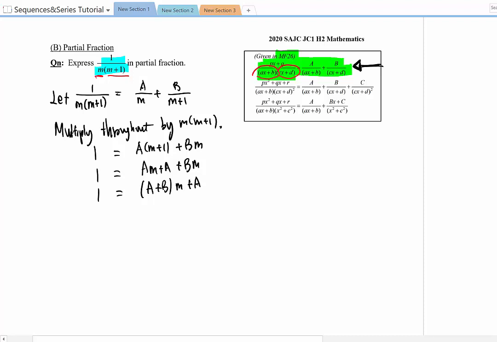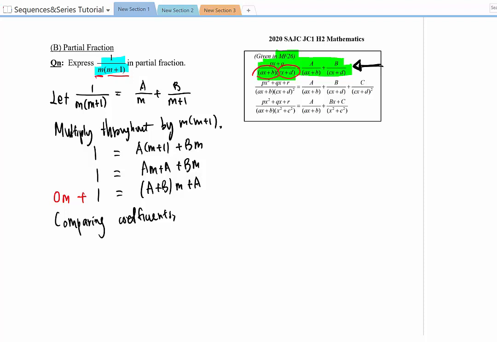Now, how do we find the unknowns A and B? In secondary school, we learned that we can actually compare coefficients. So comparing coefficients, on the left-hand side, it is actually the same as having 0m plus 1, isn't it?